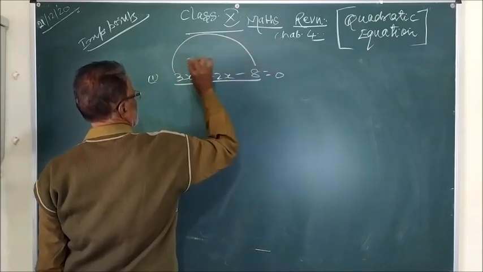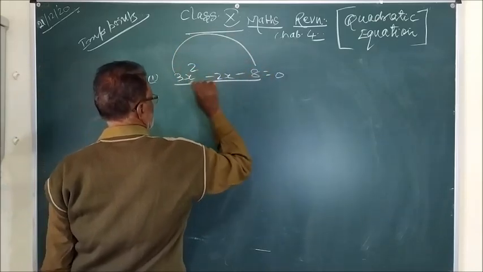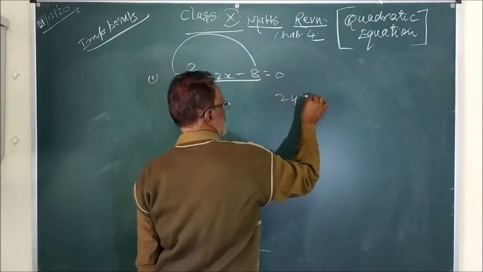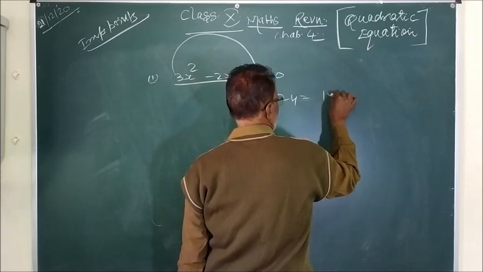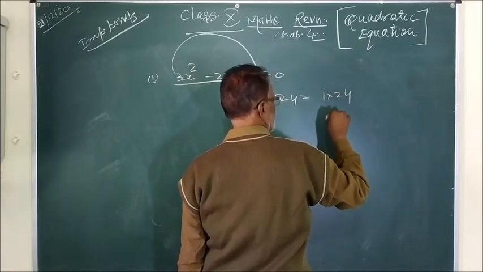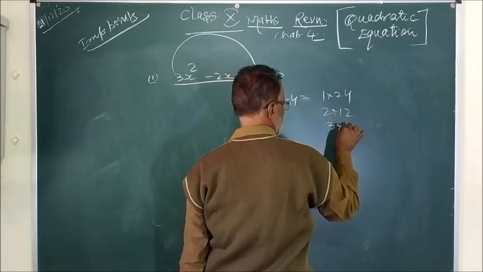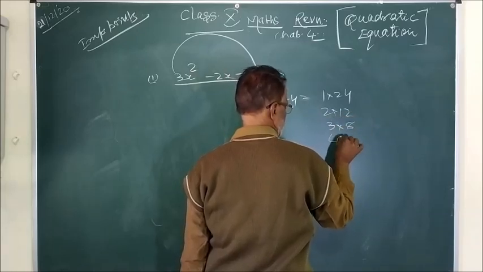Now you see the product of coefficient of x squared into the constant, that is 24, and you split 24 into possible factors: 1 into 24, 2 into 12, 3 into 8, 4 into 6.